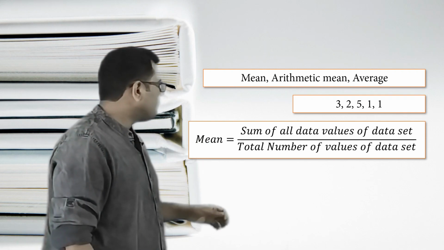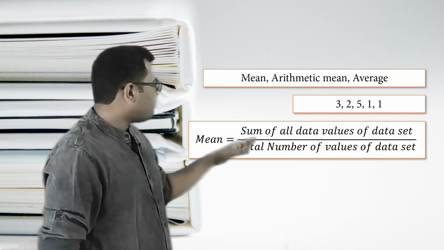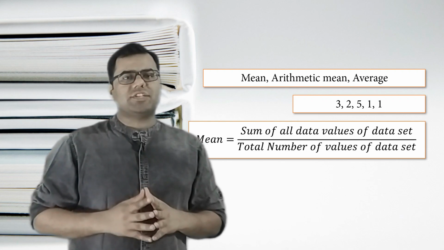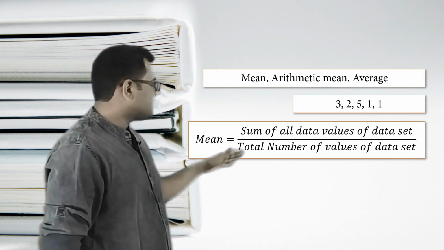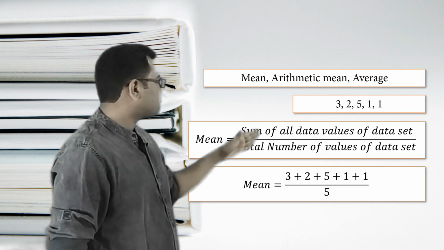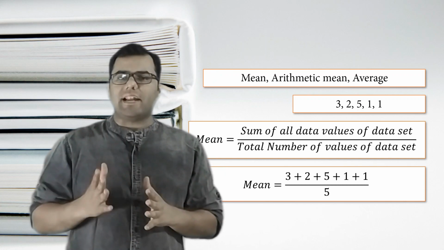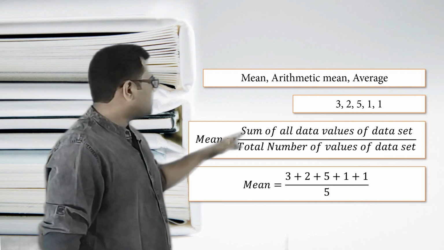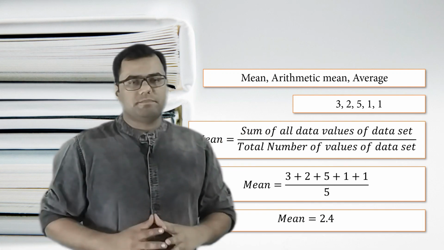In this case, we have a total of 5 data values, that is 3, 2, 5, 1 and 1. So our mean shall be the sum of all those data values, that is 3 plus 2 plus 5 plus 1 plus 1, and the total number of data values in the data set is 5. So the average comes out to be 12 divided by 5, or 2.4.